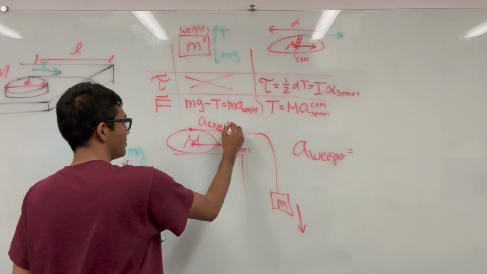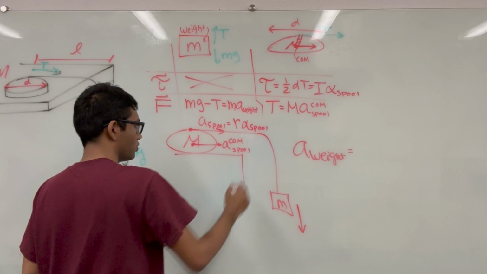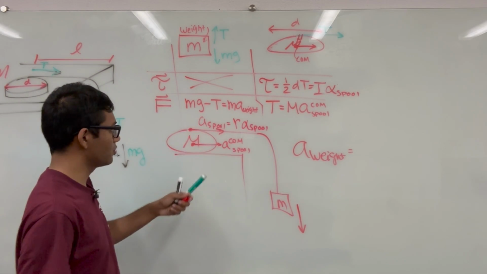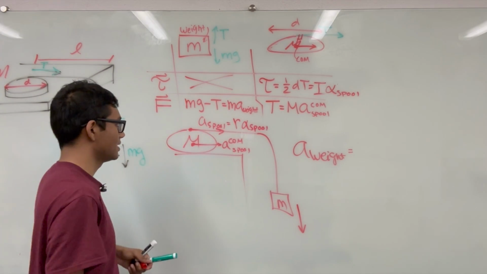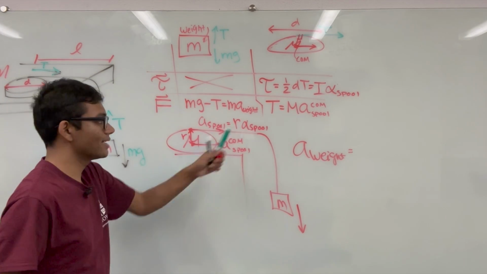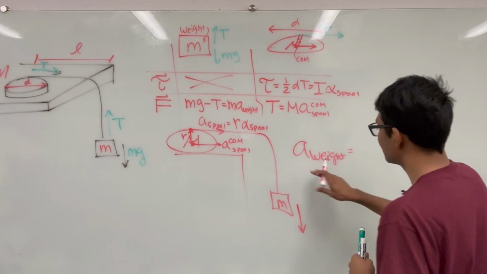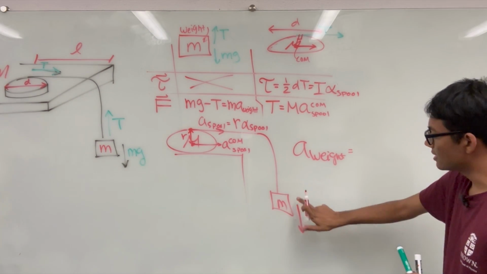Okay, and what is that going to be if not r times alpha of the spool? So the acceleration of the spool is going to be the radius, this radius right here, times the angular acceleration of the spool.